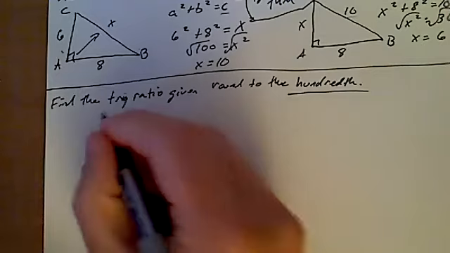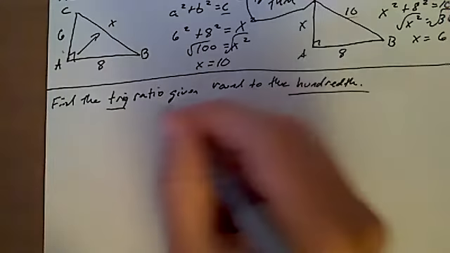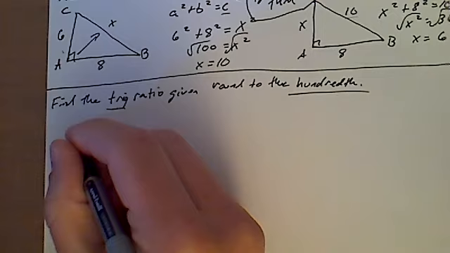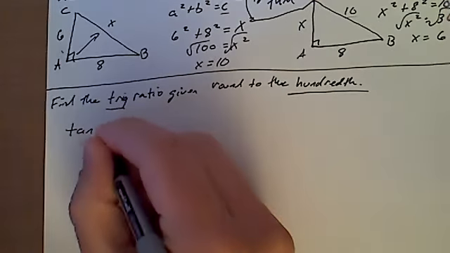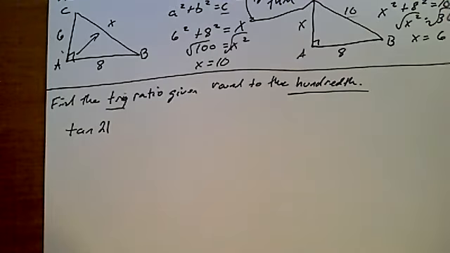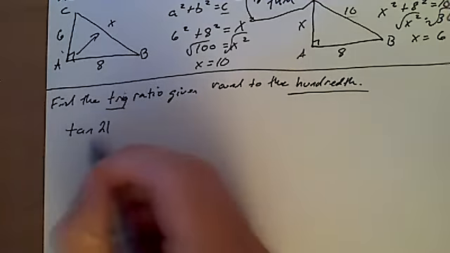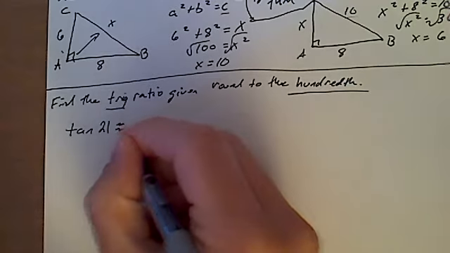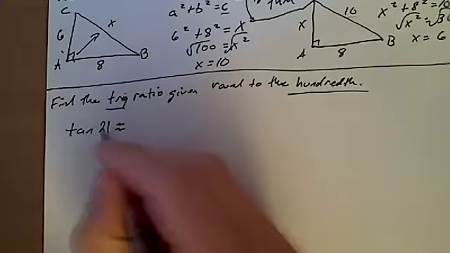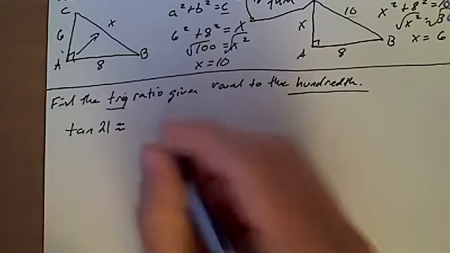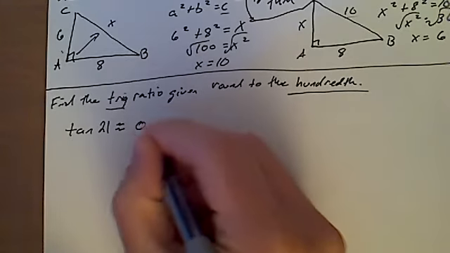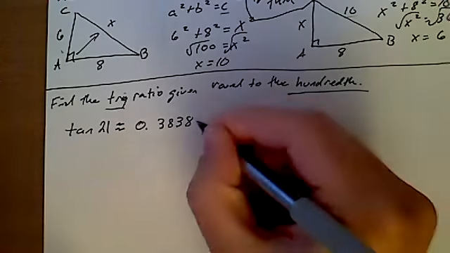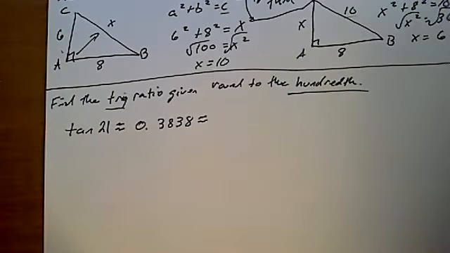It's going to give you a trig function, and it's going to give you an angle measure. So it's going to be something like the tangent of 21, right? So trig function, the angle. All you do is type tangent 21 into the calculator, and you get about 0.3838, but we want to round to the 100th.